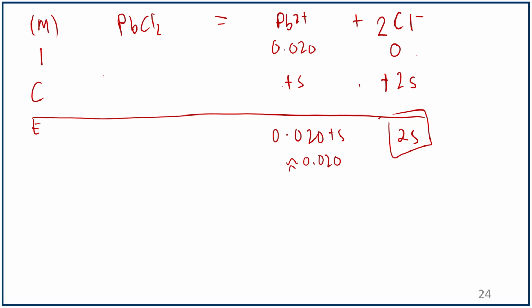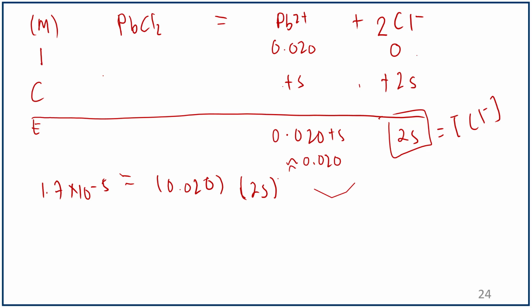Now again we're solving here for 2S. I mean, you can solve for S, sure, but 2S actually gives us the concentration of chloride ions. So once we get 2S, we can just stop. So the KSP value for lead 2 chloride, 1.7 times 10 to the negative 5, is equal to 0.020 times 2S squared.